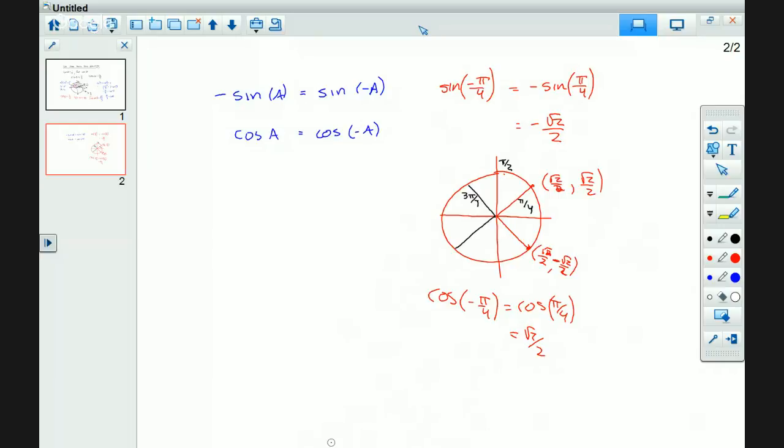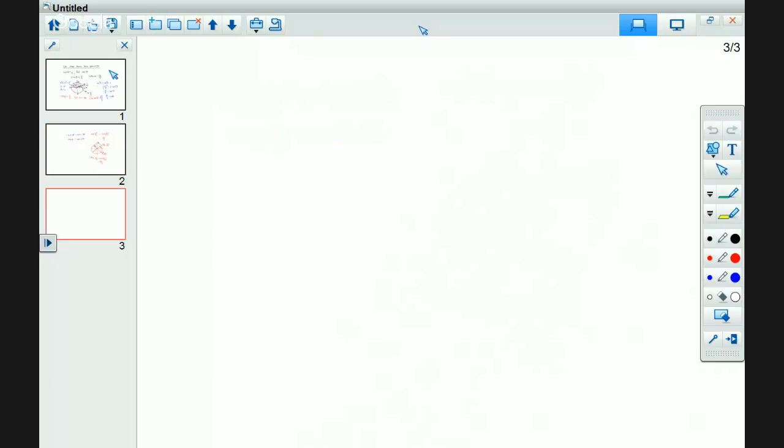Okay. All right. The meat and potatoes of this section or this chapter is solving trig equations. And we start out with just simple expressions and using identities to simplify them. So you might see something like this.